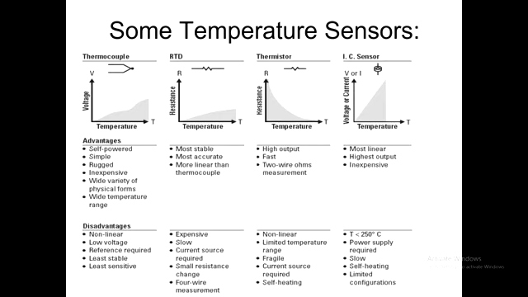Many of you used a thermistor. The problem with that is it's got a fairly hyperbolic relationship between resistance and temperature, so it needs linearisation. However, they are commonly quite cheap. That's why the university can afford them in abundance, typically. They're a couple of dollars sometimes for cheap ones.